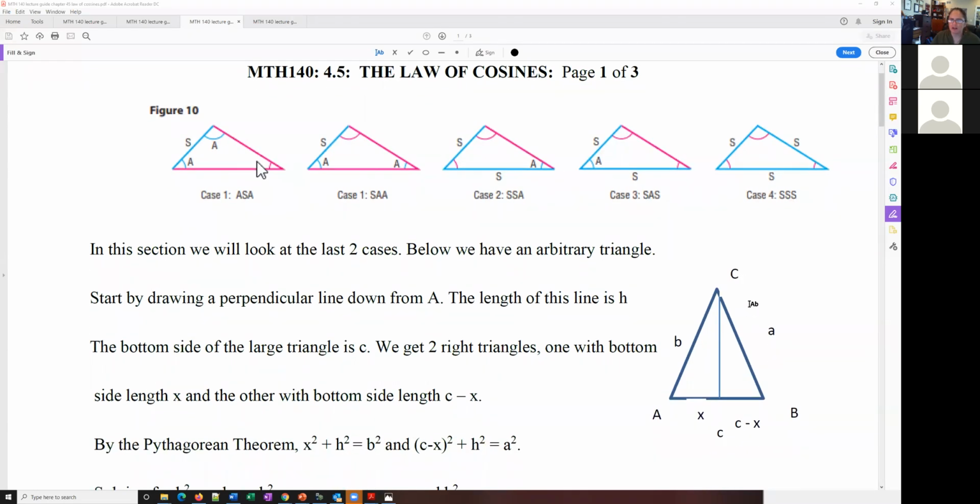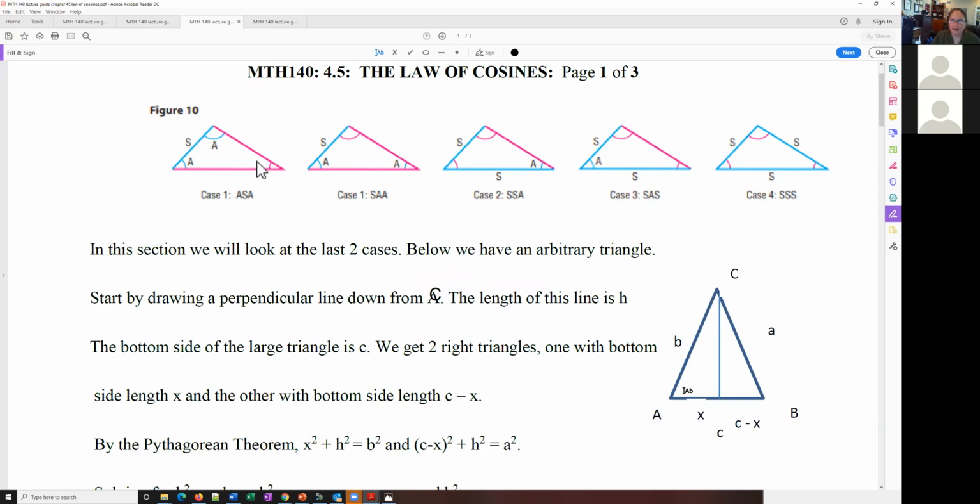So we've got our arbitrary generic triangle here, where we have side a across from angle A, side b across from angle B, and side c across from angle C. And so the first thing we're going to do is draw a perpendicular line down from C. The length of that line will be h.